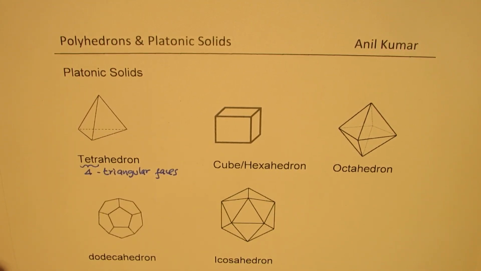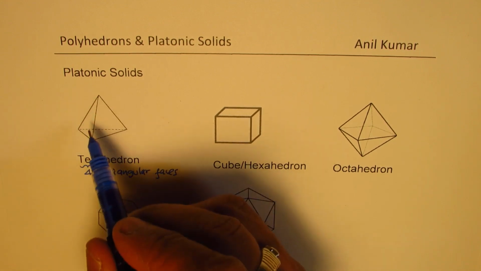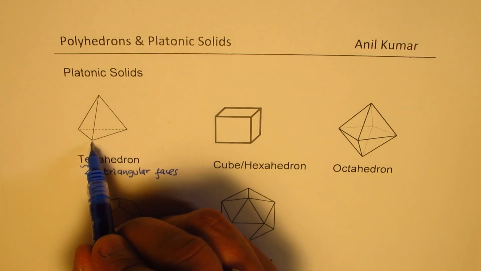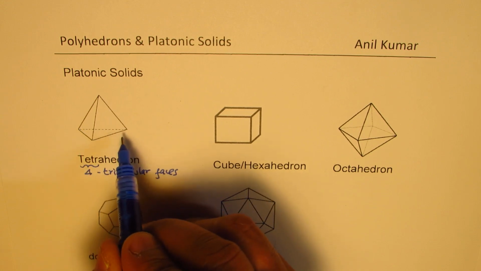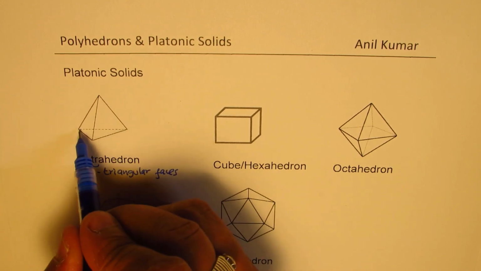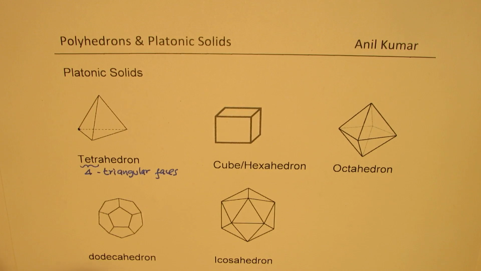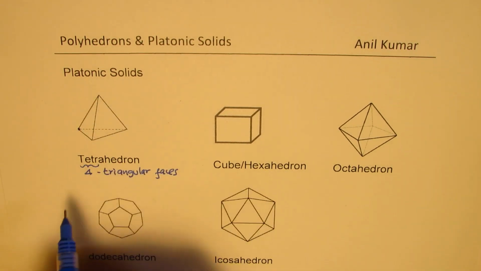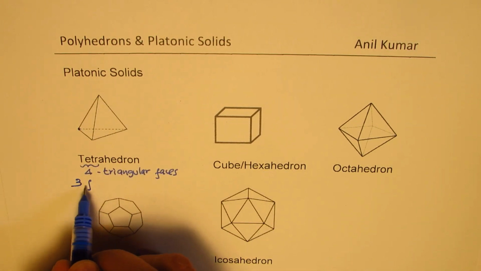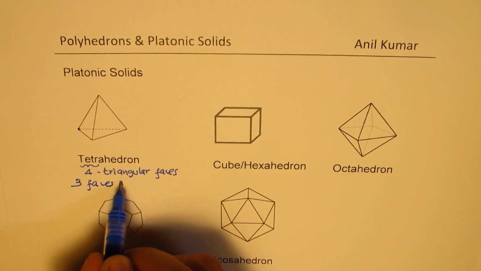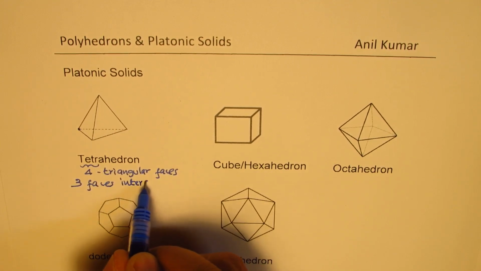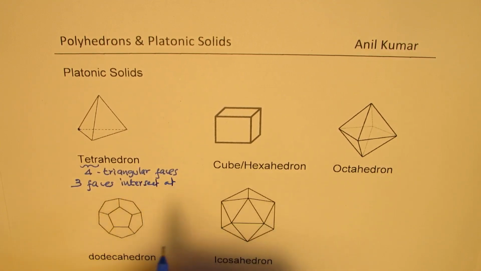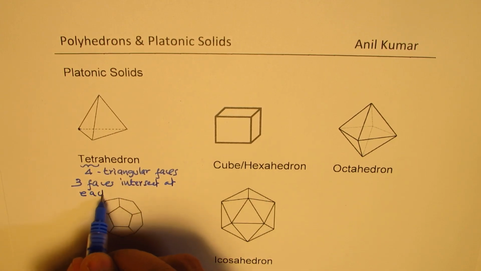Correct? That is very important to understand. Now, at each vertex, how many faces intersect? Let's look at this particular vertex, for example. At this vertex, 3 faces intersect, at each vertex.